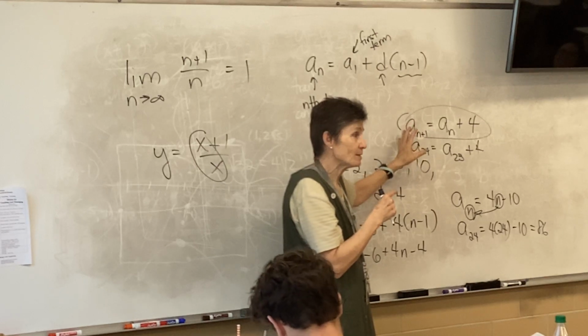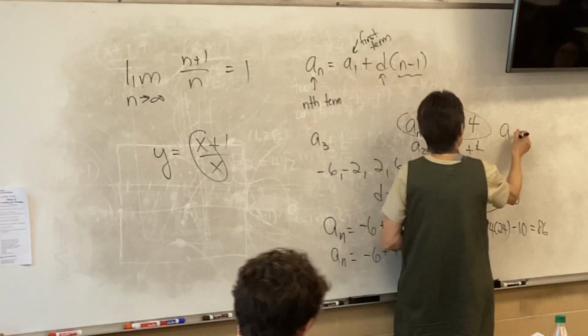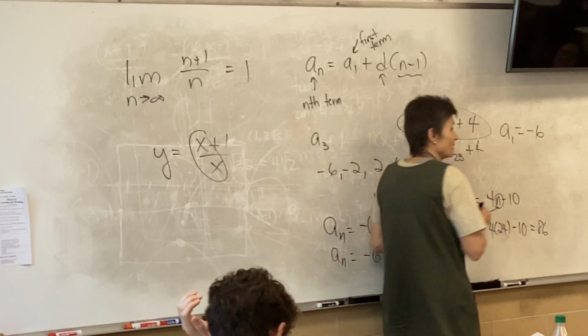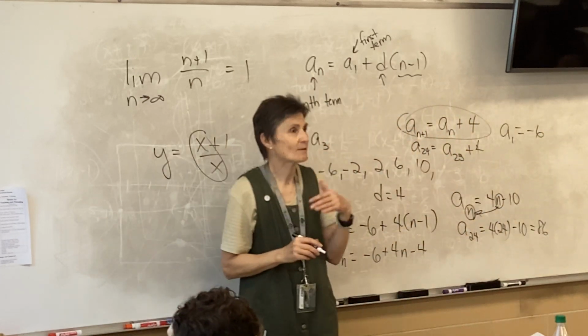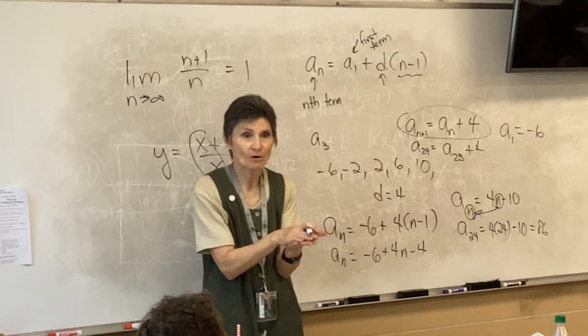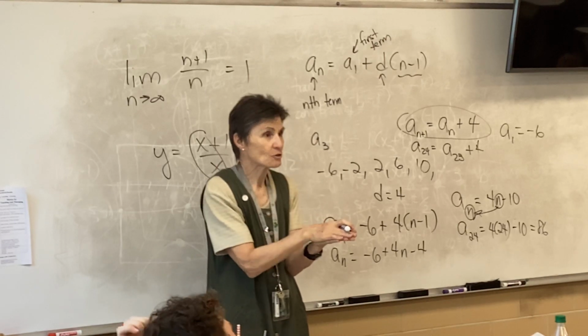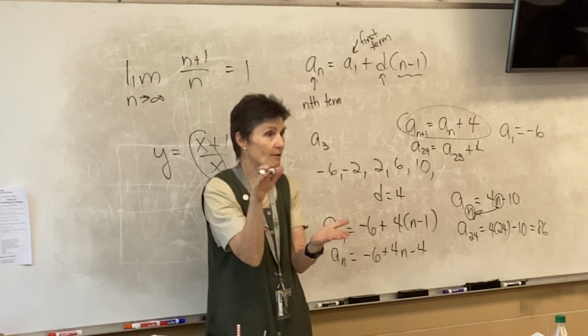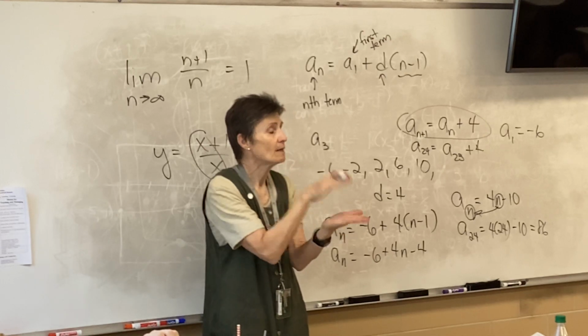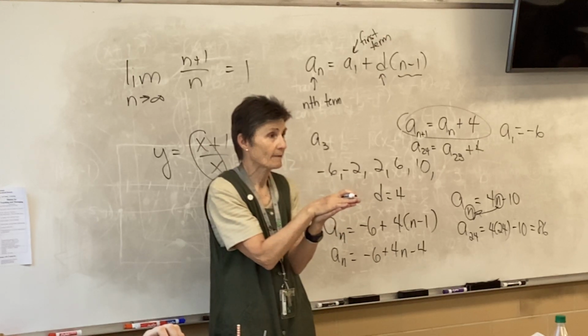Now I can't do this unless you tell me what the first term is. Because if you're going to build recursively, does it make sense to you? You have to have a starting point. Then you can go. Take this term and add 4, add another 4, keep adding 4, that's fine, but you have to know where to start.